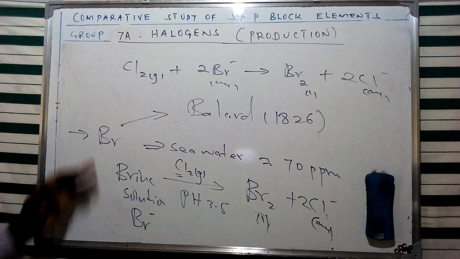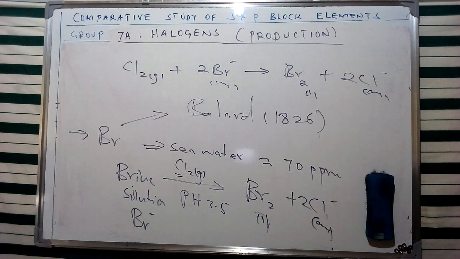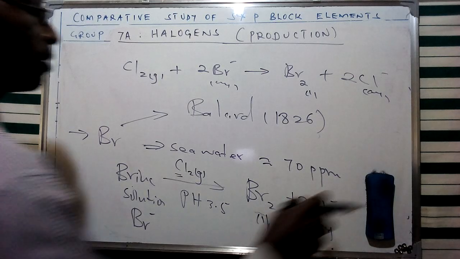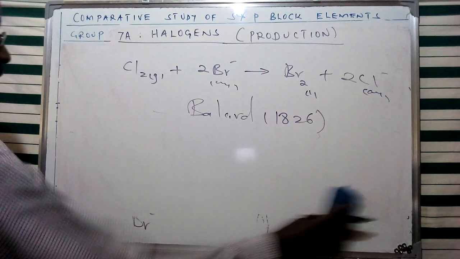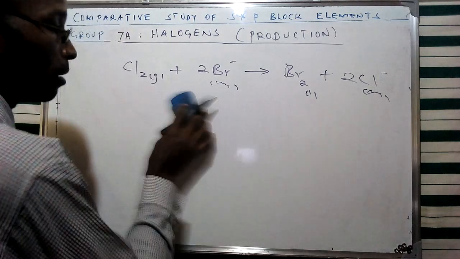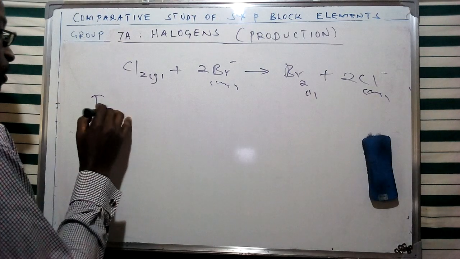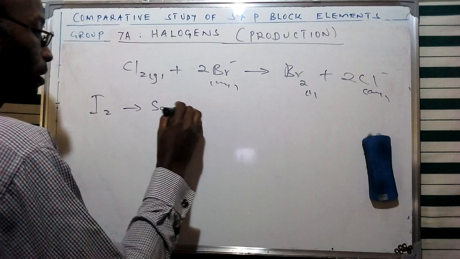Iodine is going to appear in small quantities in plants such as seaweeds, and of course an abundant source of iodine apart from the seaweed is going to be a particular compound of sodium.